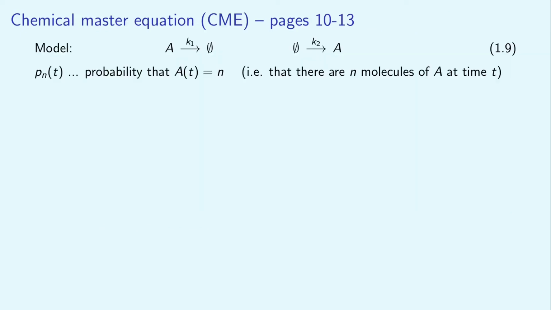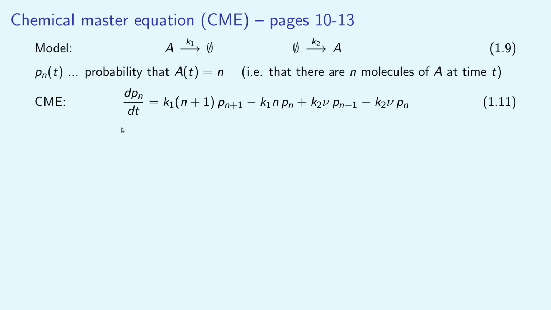Our chemical system has been so far described using the SSA A3D3, which is effectively a computer code. To obtain some theoretical results, we have to equivalently describe the behavior of our computer code in terms of suitable mathematical equations for the probability P(n,t), which is again the probability that there are n molecules of A at time t in the system. Therefore, the starting point of our analysis will again be the corresponding chemical master equation, which is given as equation 1.11 on page 10.